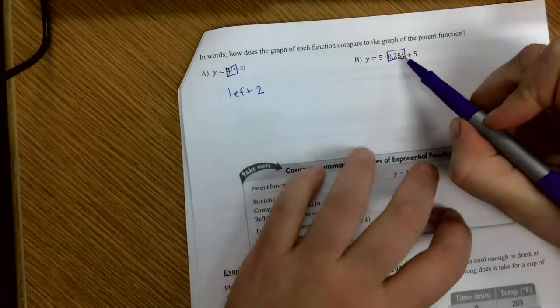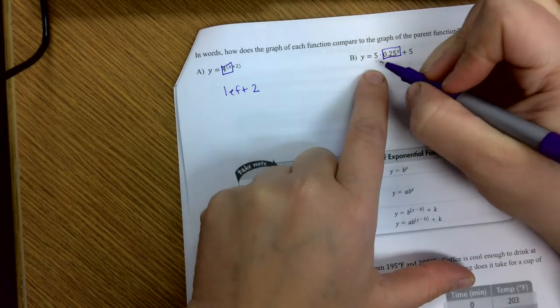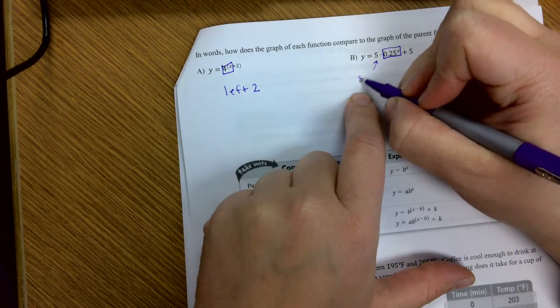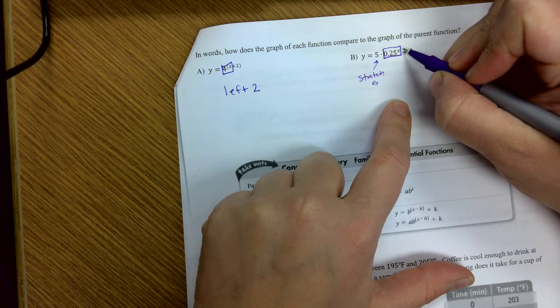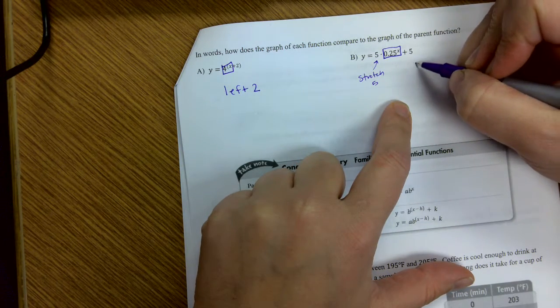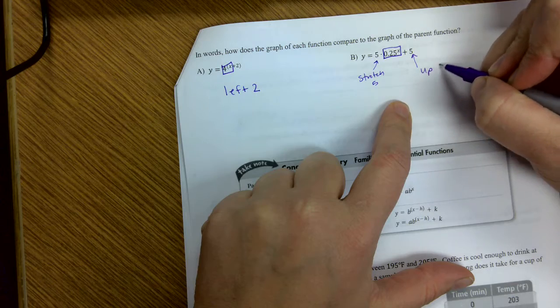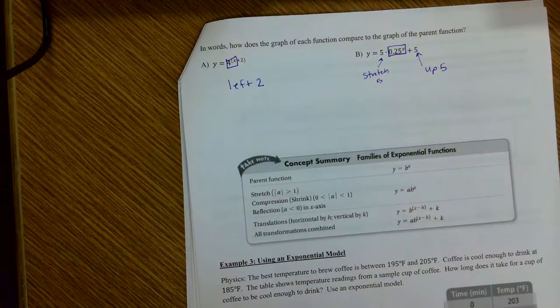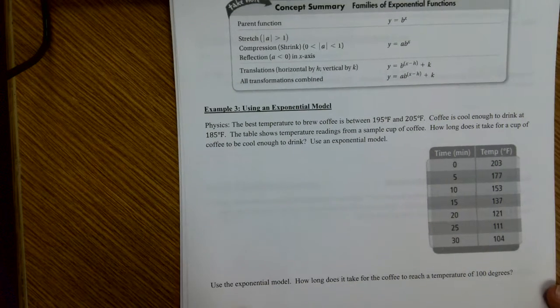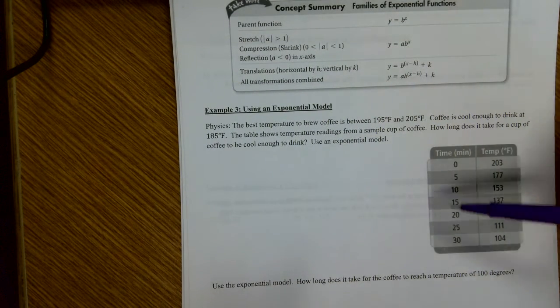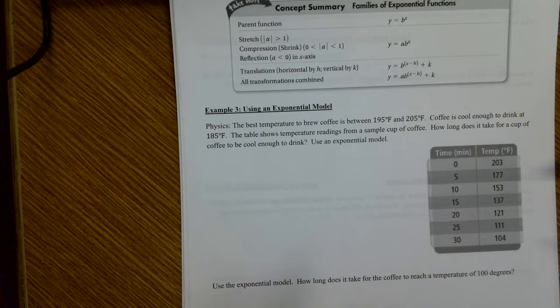Anything that is raised to the x value, that's the parent function. So the 5 is going to stretch it. So it'd be a stretch of 5. There's no negative. This right here is going to move it up 5. So that's my transformation.